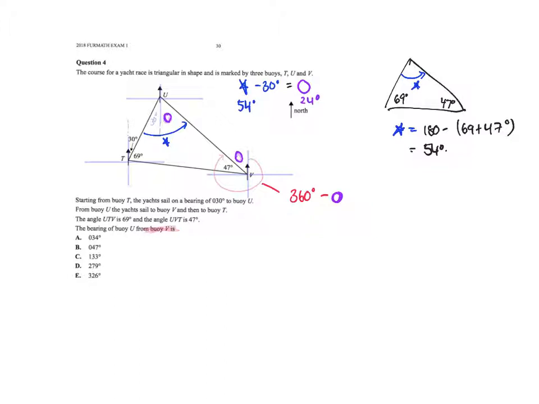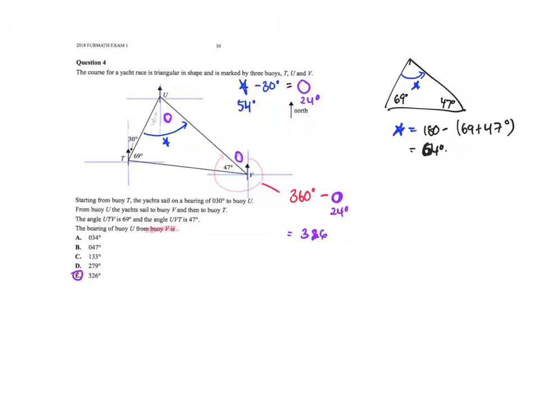So 360 minus 24 equals 336. So there's our answer, E. Alright, there's that one. I'm going to keep going.